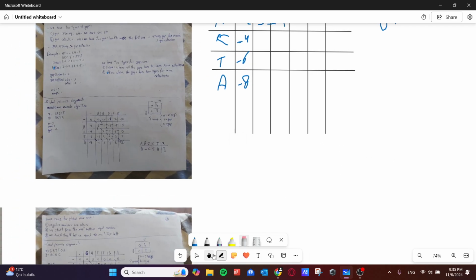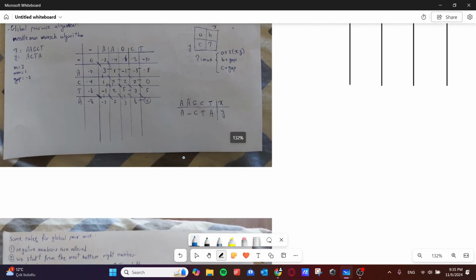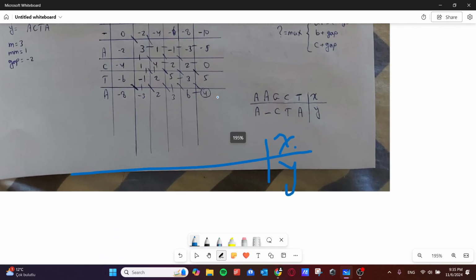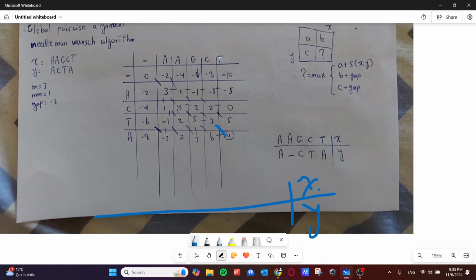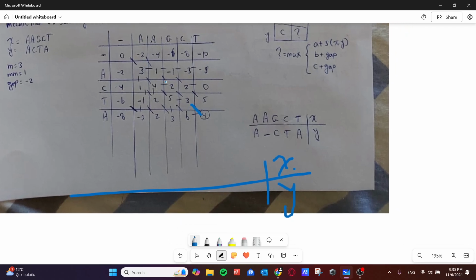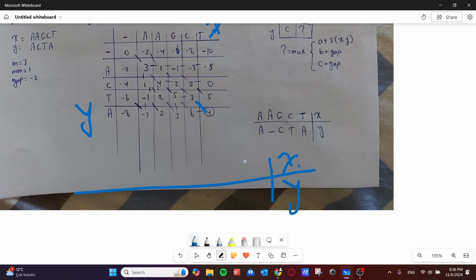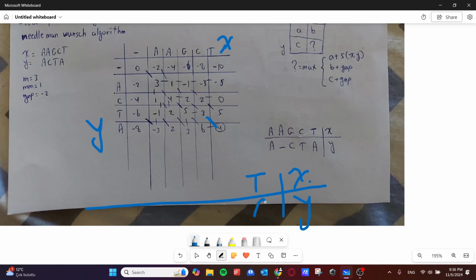Okay, let's start. First we start from the right to the left. We start from 4 here. Let's take the diagonal. For a diagonal, we take both letters, here x and here y, always. So because it's diagonal, we take both letters, in this case t for x and a for y.